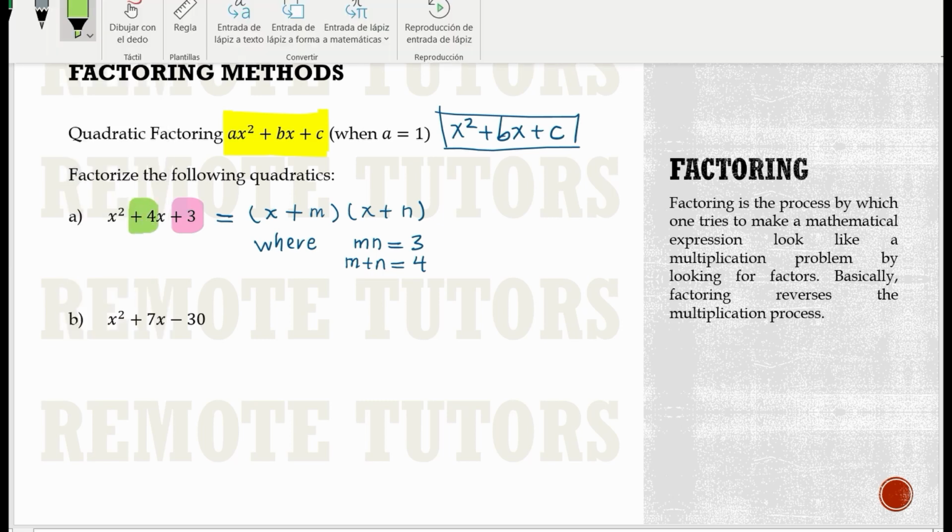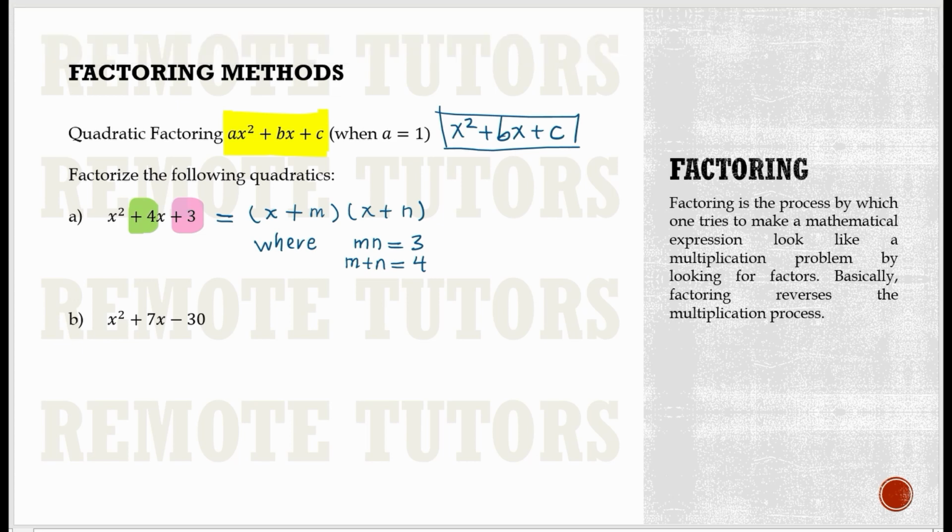That's why it is called the product sum method. So you have to think of two numbers with a product of 3 and a sum of 4.